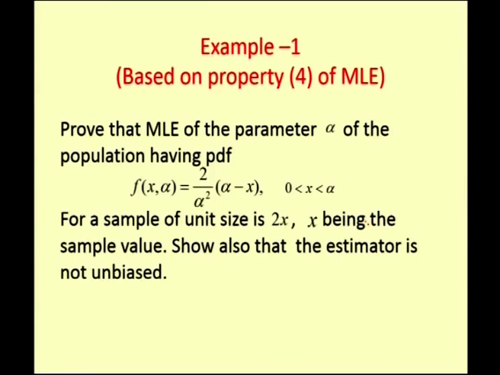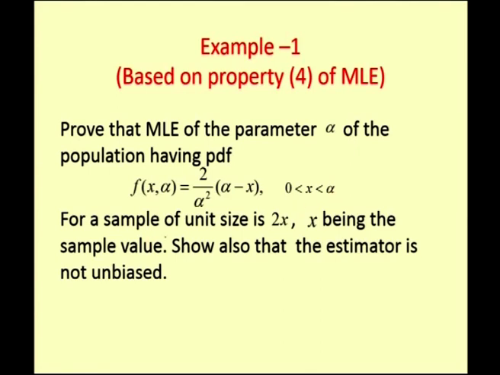So, here this is an example with reference to the usage of the property 4. So, what is the problem? Let us discuss. Prove that the MLE of a parameter alpha of the population having the probability density function f of x comma alpha equal to 2 by alpha squared into alpha minus x, where my x lies between 0 and alpha.